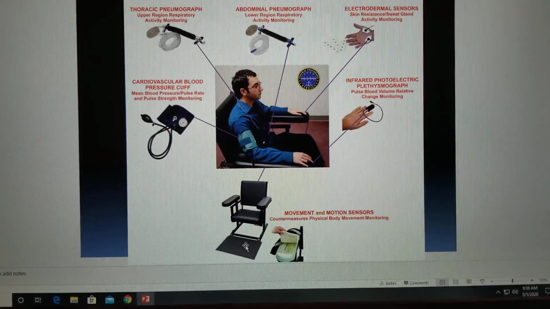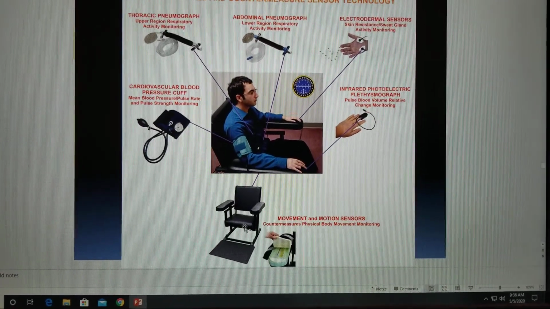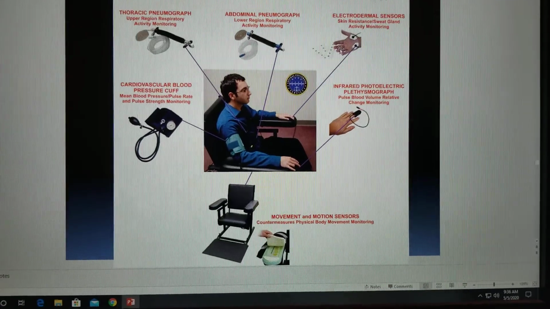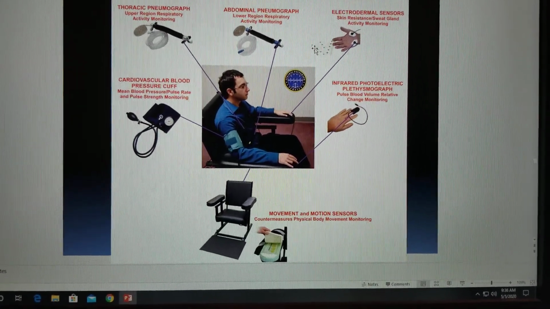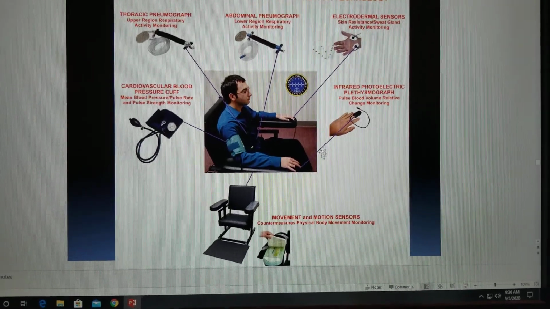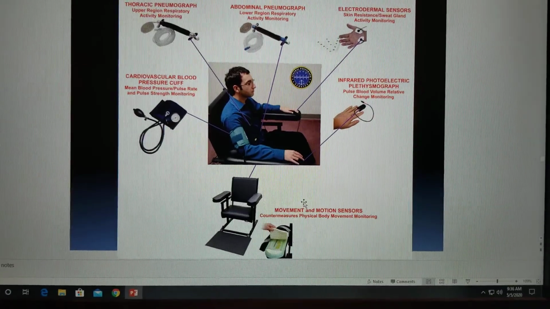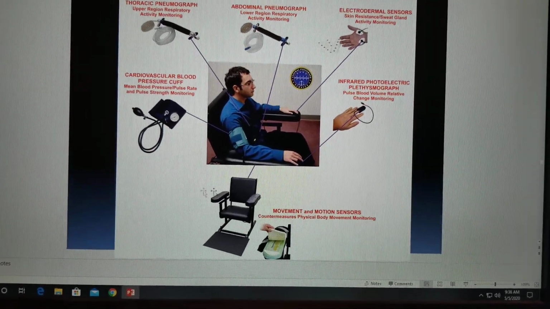Every time you shift, move, balance, weight, tick your foot, it records and analyzes. Okay, electrodermal sensors, that is when you're sweating. Once again, nervous or excited, you have a tendency to sweat. Okay, these are automatic physiological responses that occur in your brain, that react in your body that you cannot control.